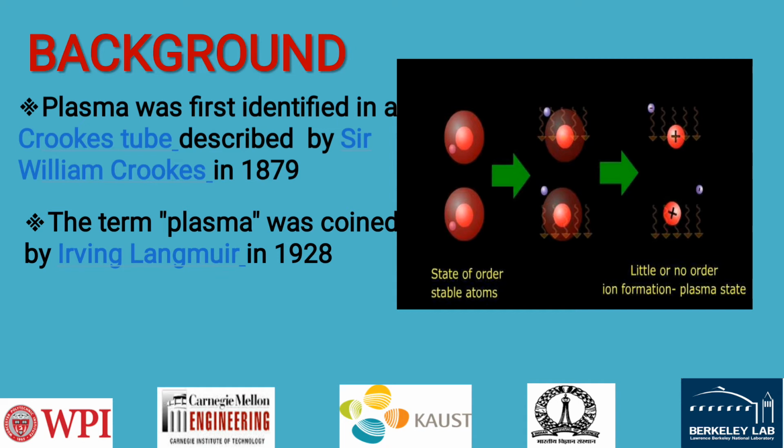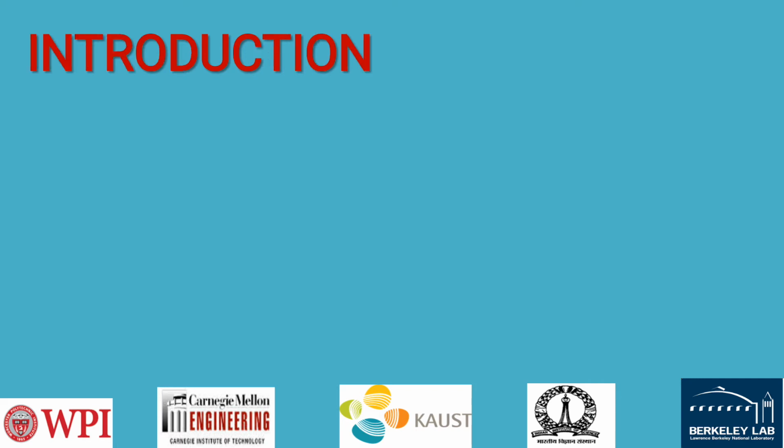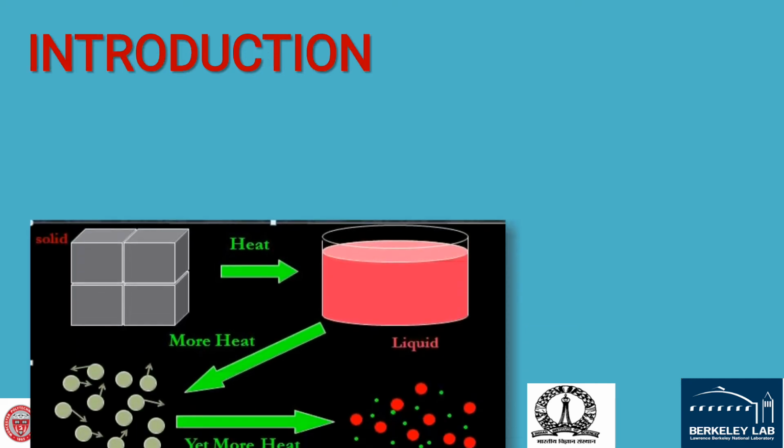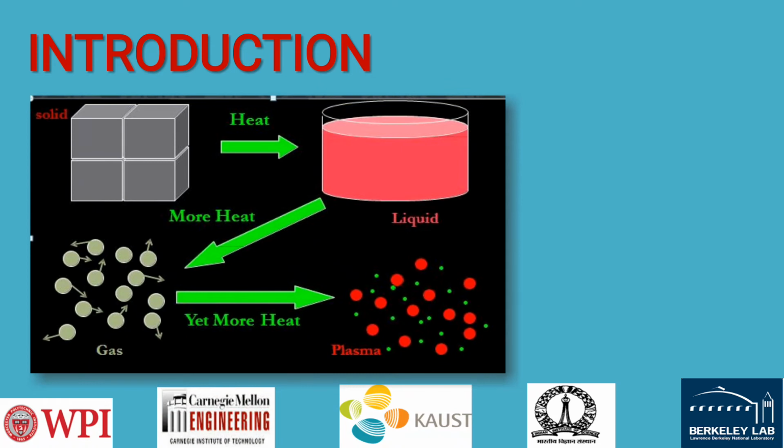For example, oxygen has 8 protons and 8 electrons, so it splits into protons and electrons. So it becomes ionized, an ionized gas, which we call the plasma state.